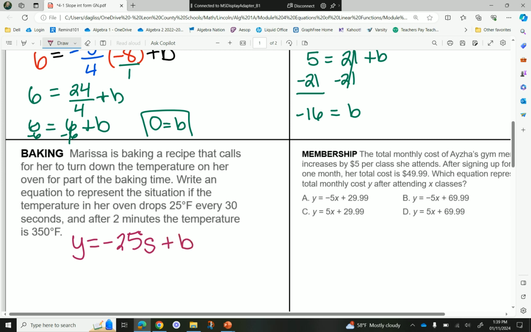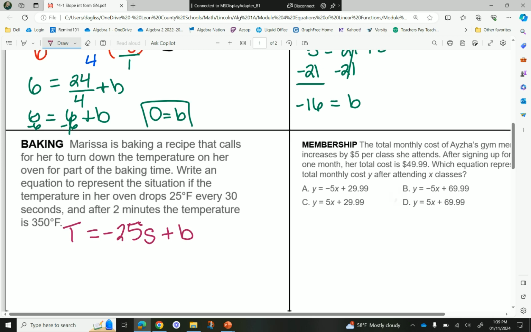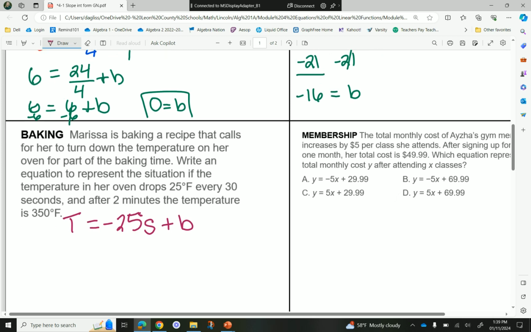Plus, we don't know where it began, so we're not sure. I'm going to put a T right here for temperature. You can. I like to make my letters make sense. So I'm going to say the temperature of the oven equals dropping 25 degrees every 30 seconds.